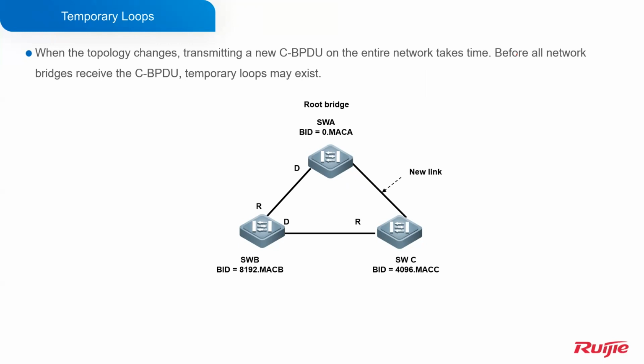Once this link is added, we should detect which is the designated port and which is the root port. But since there's a loop, if I haven't yet determined which port should be blocked, the traffic is allowed to transmit in this network. This is called a temporary loop, which may cause broadcast storms or an unstable MAC address table.